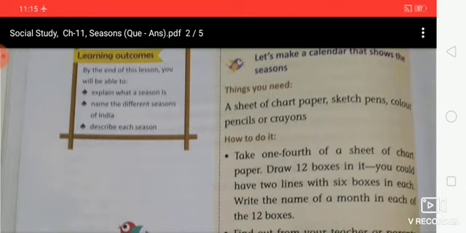Take one quarter of a sheet of chart paper. One chart paper makes 4 parts. Draw 12 boxes in it. You could have 2 lines with 6 boxes in each.